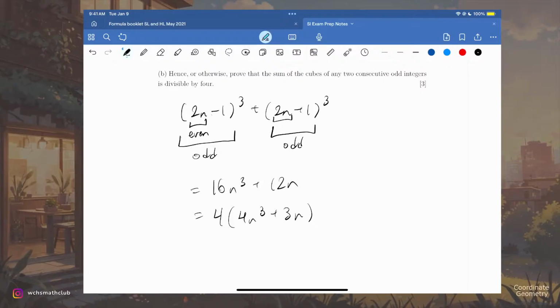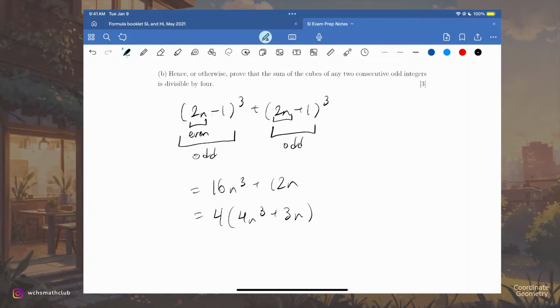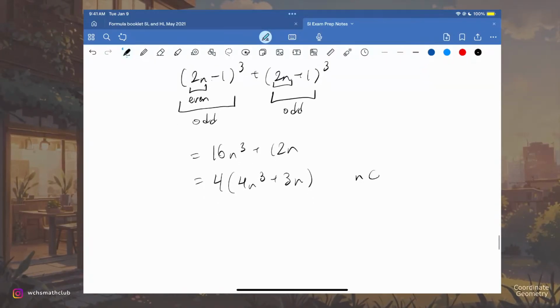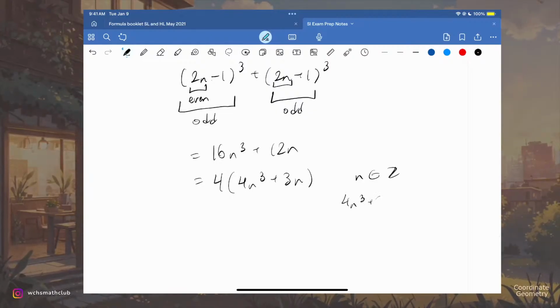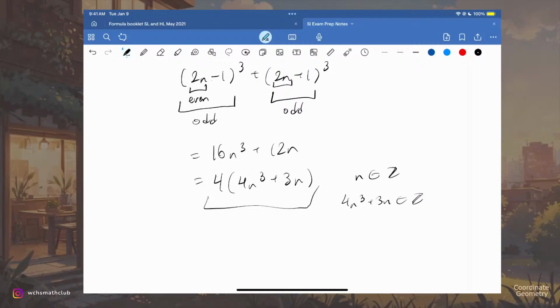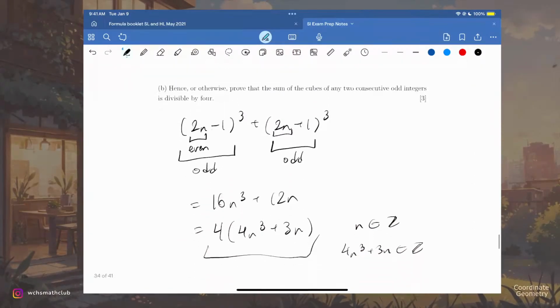And then you see that the inside is also an integer, because we know that n belongs to the set of integers, and then obviously 4n cubed plus 3n also has to be part of the set of integers. And so this thing right here must be divisible by 4, because you could take the factor of 4 out.